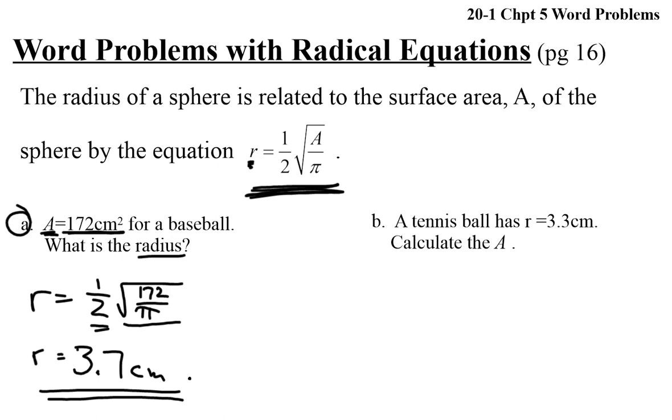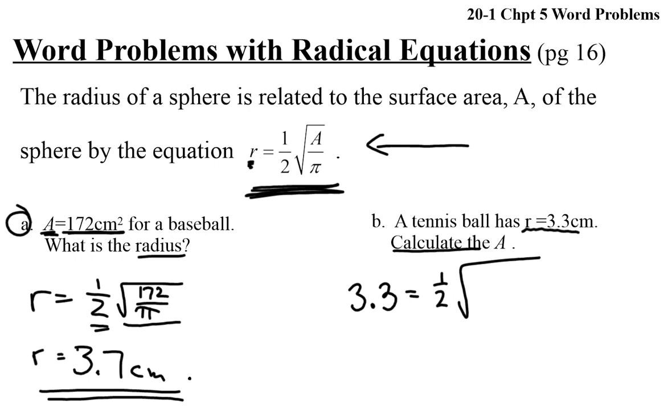Question B, a little bit more involved, still working with the same equation, but this time the radius is given to us. So now when we substitute in, we get the radius of 3 3/10, and that's equal to 1/2 square root. We don't have a this time, and it's still divided by pi.